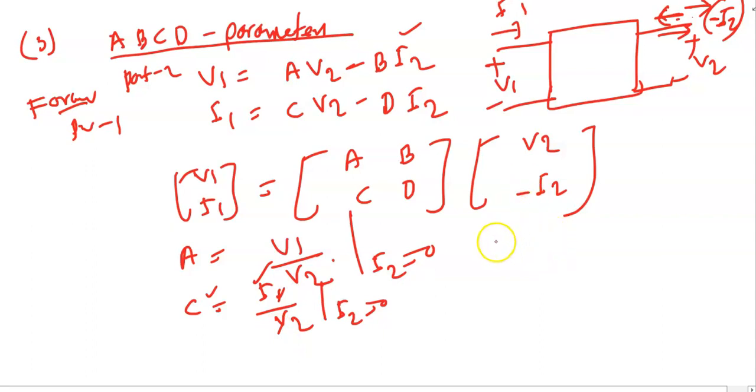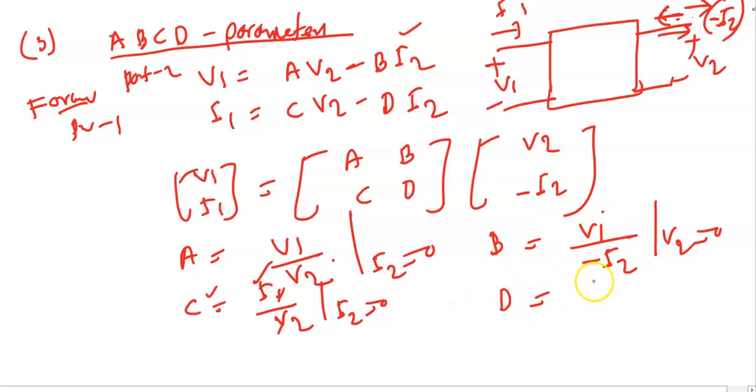Then B equals V1 upon minus I2 when V2 equals 0. V2 equal to 0 means short circuit. Here it was the open circuit, now it is a short circuit. So it is the short circuit reverse transfer impedance. And D is I1 upon minus I2 when V2 equals 0. Short circuit, obviously, reverse current gain.